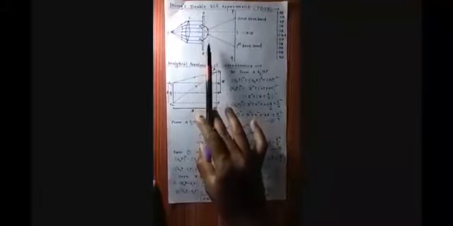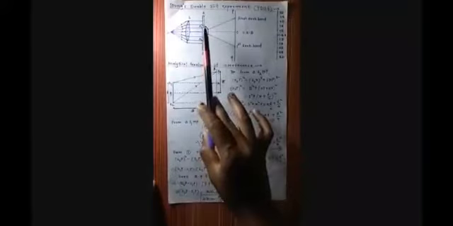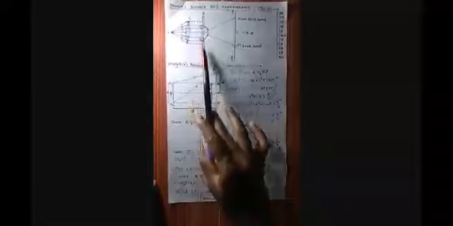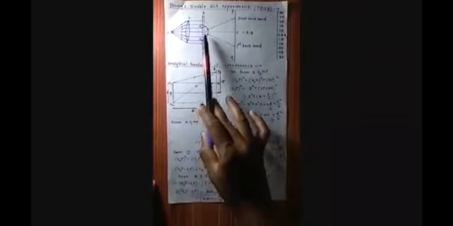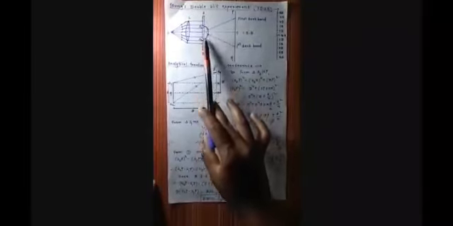For the time being, just understand that if two sources are obtained from the same single source of light, then such two sources are called coherent sources of light. Now, according to the Huygens principle, these two sources become secondary sources of light and emit secondary waves.